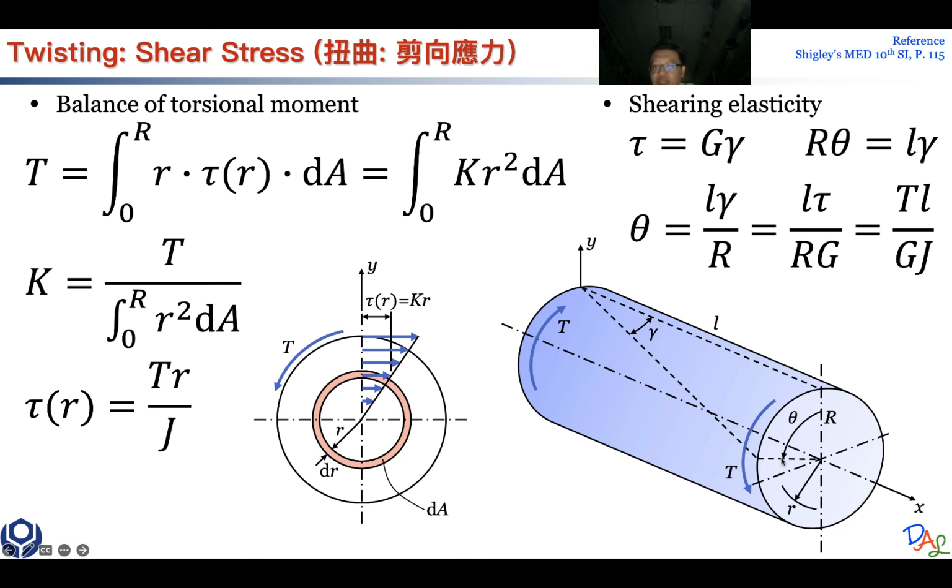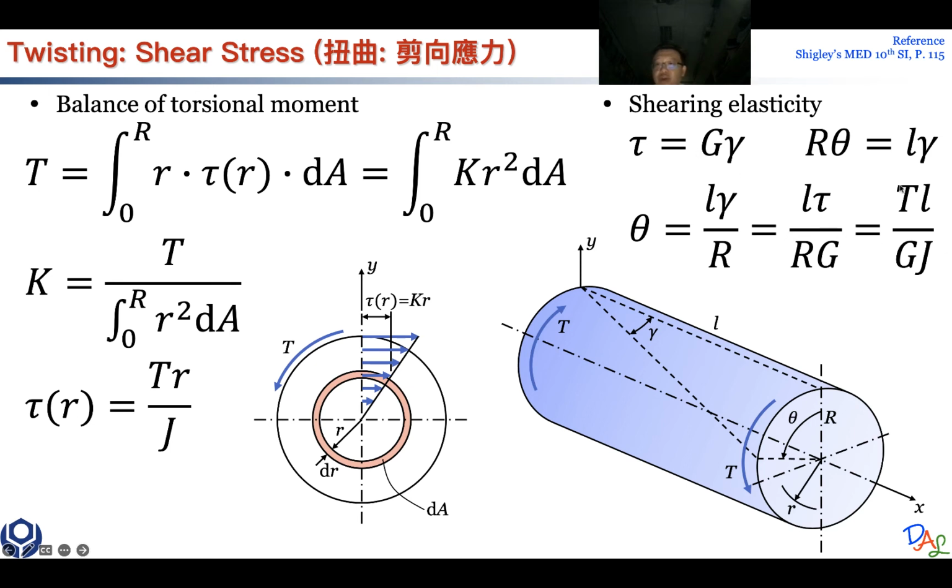Theta represents how much angle you have for this twisting. It tells you the angular deformation of your twist caused by the torque. Theta is related to some geometrical parameters, L and R. L is the length of the cylinder, R is the radius. And tau is how much stress is being generated, and also G, the material property, the shear modulus.